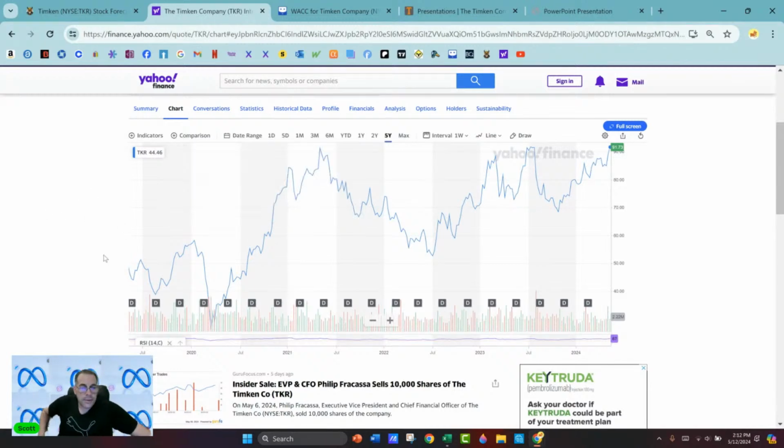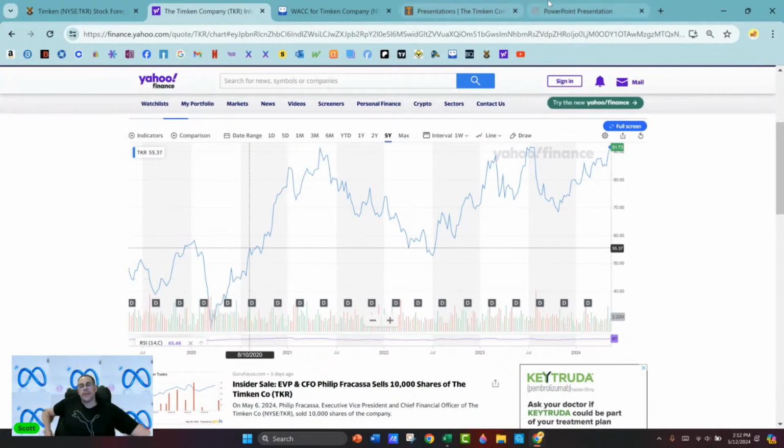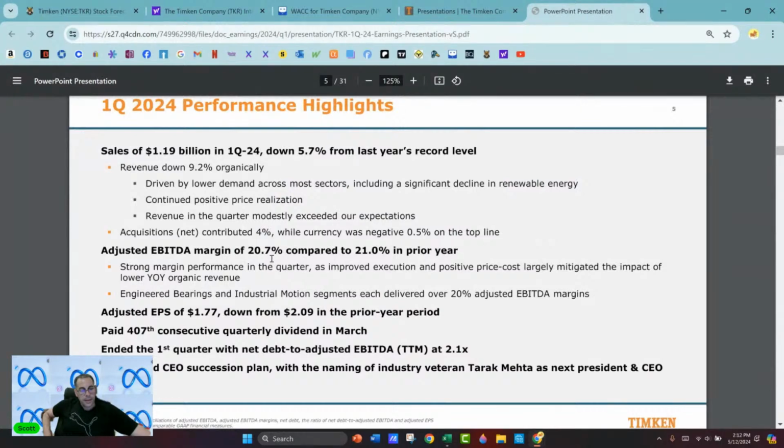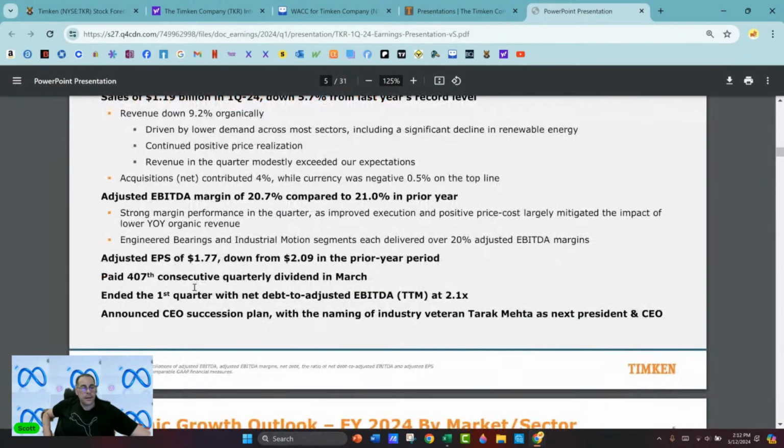Yeah, we did CVS yesterday. That seems like a good value. EBITDA 21%. Paid 407th consecutive quarterly dividend. That's a lot. That's like 40 years of dividends.